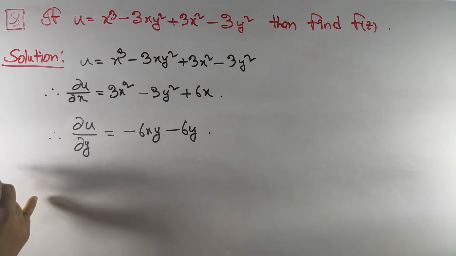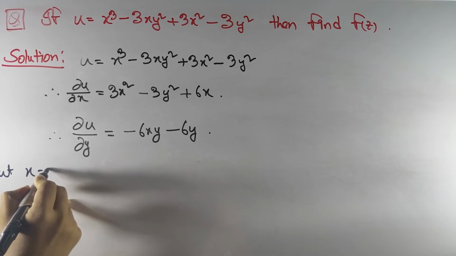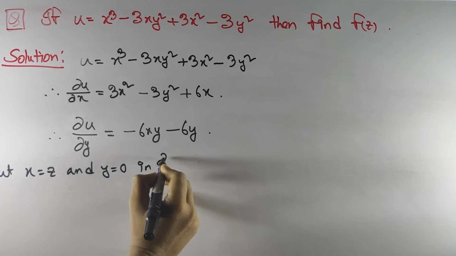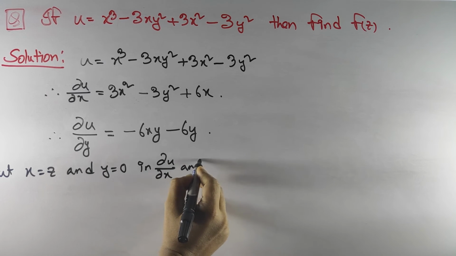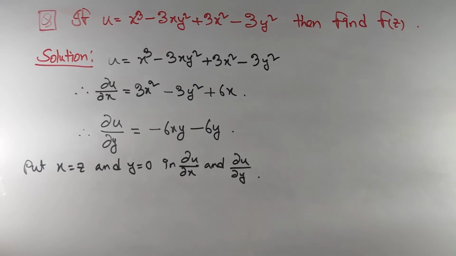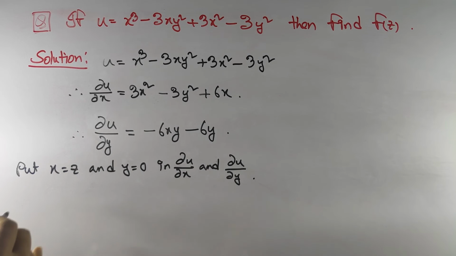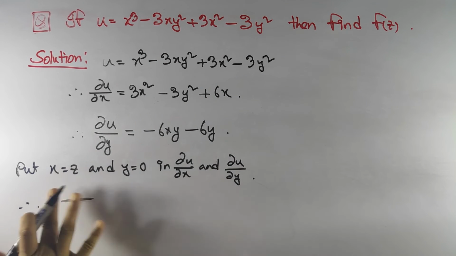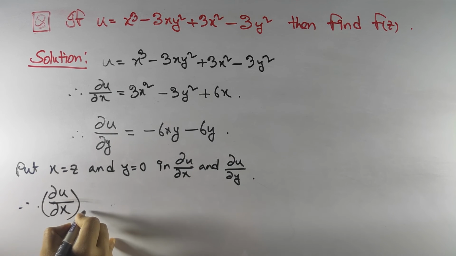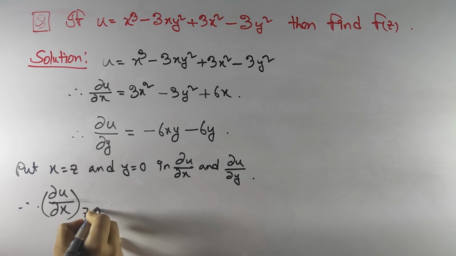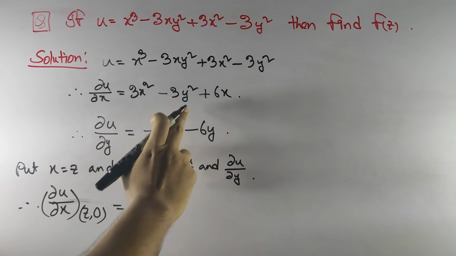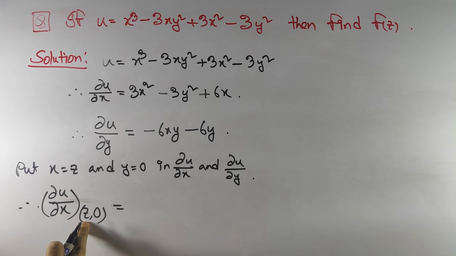Now put x equal z and y equal 0 in del u del x and del u del y. That means del u del x (z, 0) will be, this will be 0, this will be 0 as y equals 0 and x equals z.